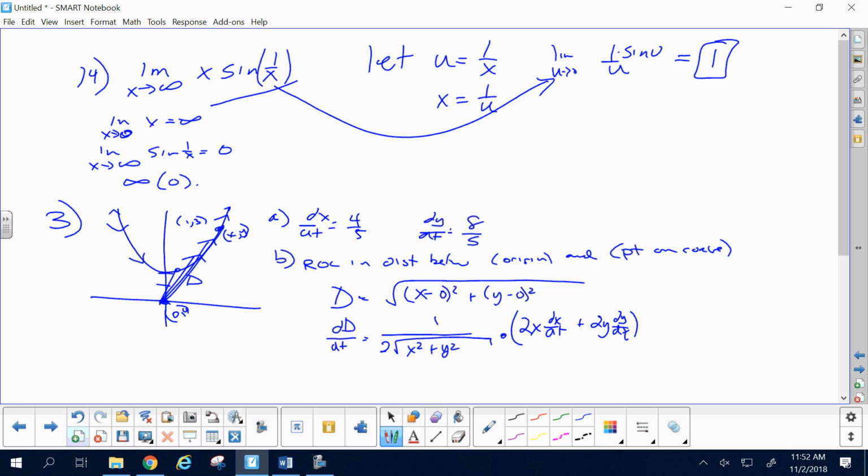You could divide a 2 out if you like. If you factored out a 2 and then divided it out, it'd be good. And at that point, you have everything you need. You can evaluate it because you know x is 1, y is 3, dx/dt is 4/5, and dy/dt is 3/5. That's the biggest evaluation part I've ever seen. You with me? Okie dokie.